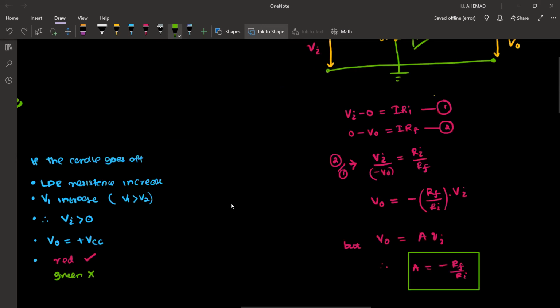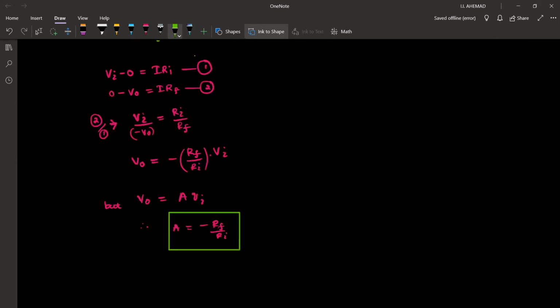Is it clear? The mode we derive the equation. Then let's look at, have you noted?